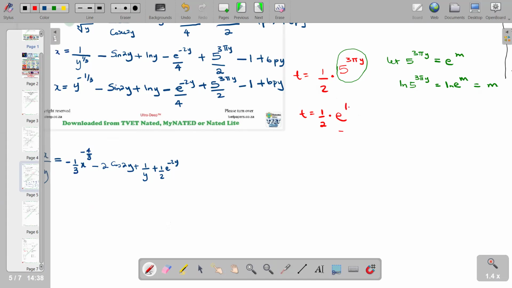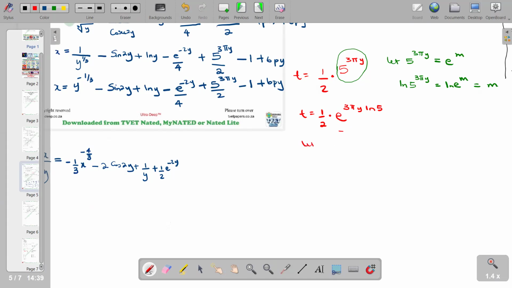Ln 5, we bring down the power here, so it's going to be 3 pi y ln 5 there.